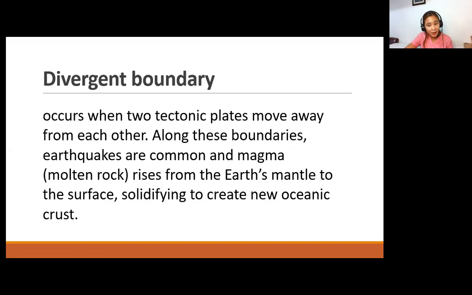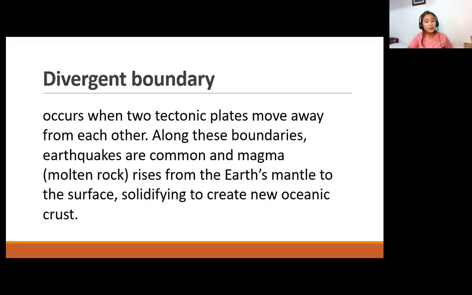So, kapag nangyari yan, naghiwalay ang lupa, of course, we may feel some shaking, we may feel a plate movement. Kaya ako kapag lumilindol, I don't call it just an earthquake, but I call it plate movement kasi gumalaw yung plate. So we call it also earthquake. So kapag nangyari yan, of course, earthquake may happen.